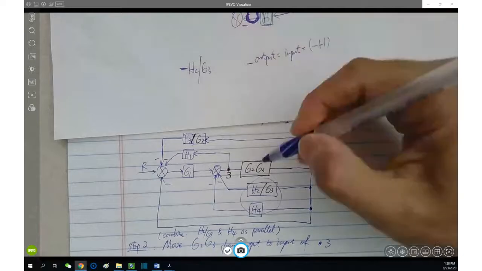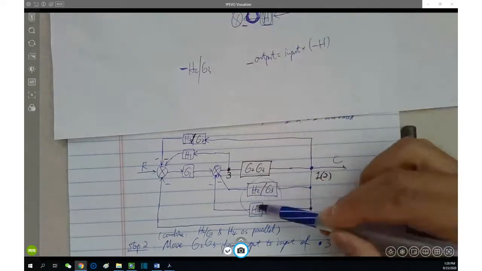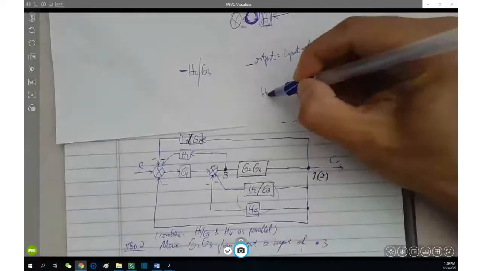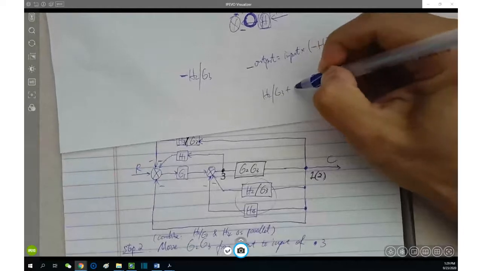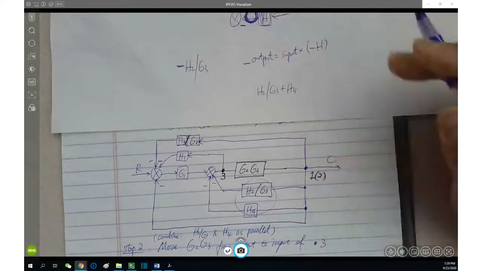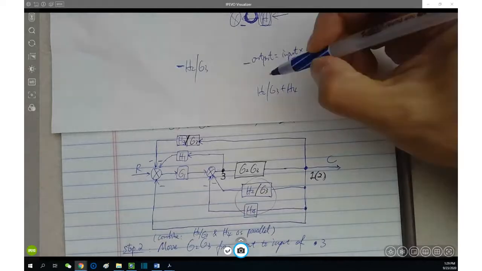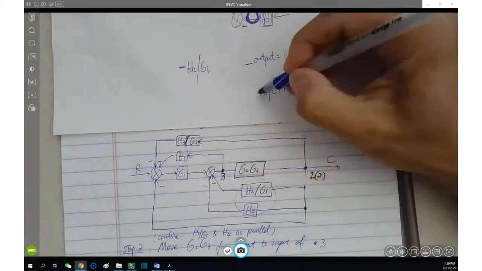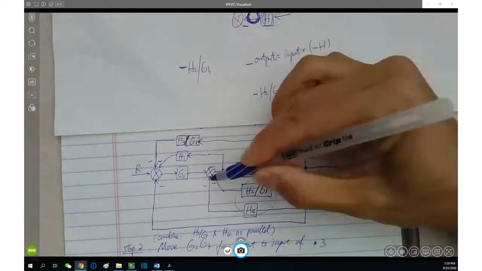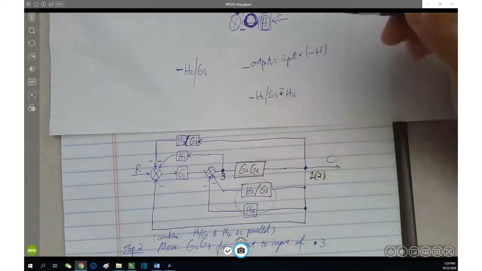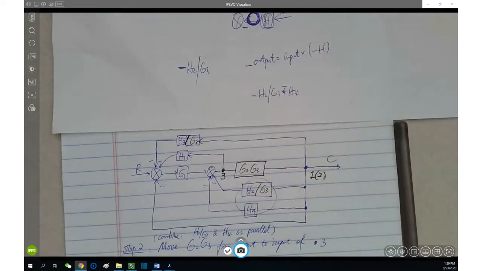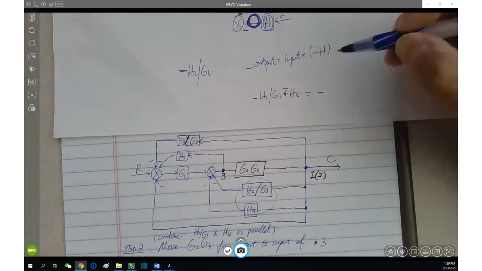First of all, since these two are parallel, their relationship is H2G3 plus H4, right? And since you have a negative here, you give a negative here, and a negative here. But we factor that out and we just put a negative at the summing junction, right? So we can just write H2G3 plus H4.